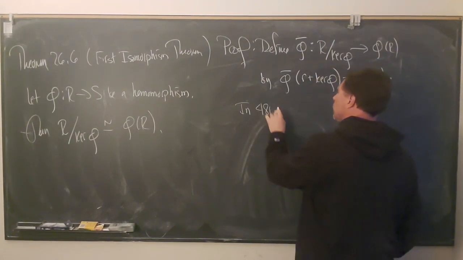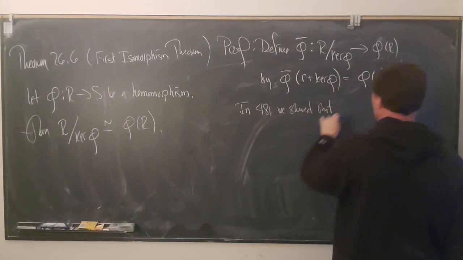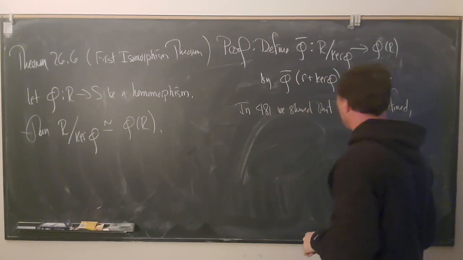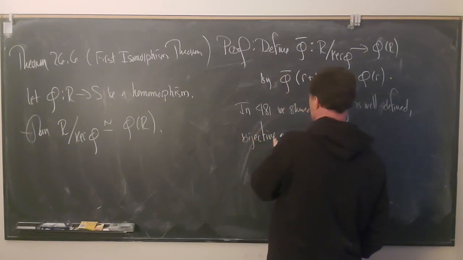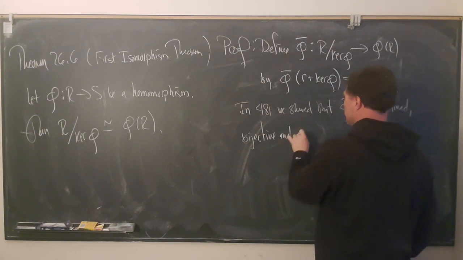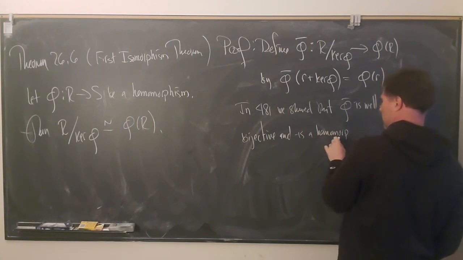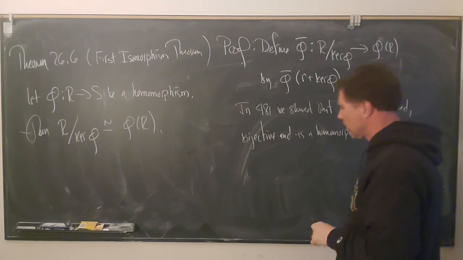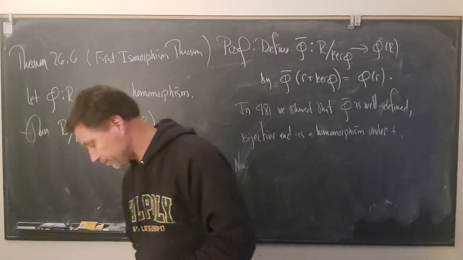So in 481, we showed that phi bar is well defined, bijective, and is a homomorphism under addition.